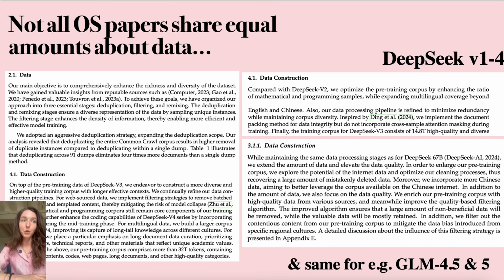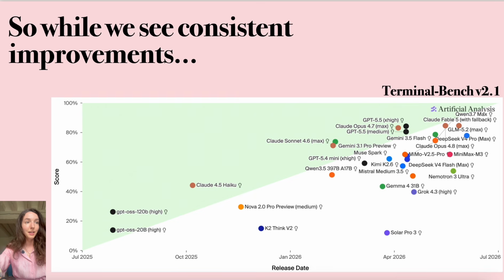And not even all open source papers share equal amounts of information about the data. DeepSeek has a lot of interesting architecture and engineering insights, but less so on the data. Here I have four chunks from their DeepSeek 1 to 4 papers, and basically all they say is diverse and rich and high quality, but what exactly that means, who knows? Not only DeepSeek, the same goes for some of these like the GLM papers, for example.